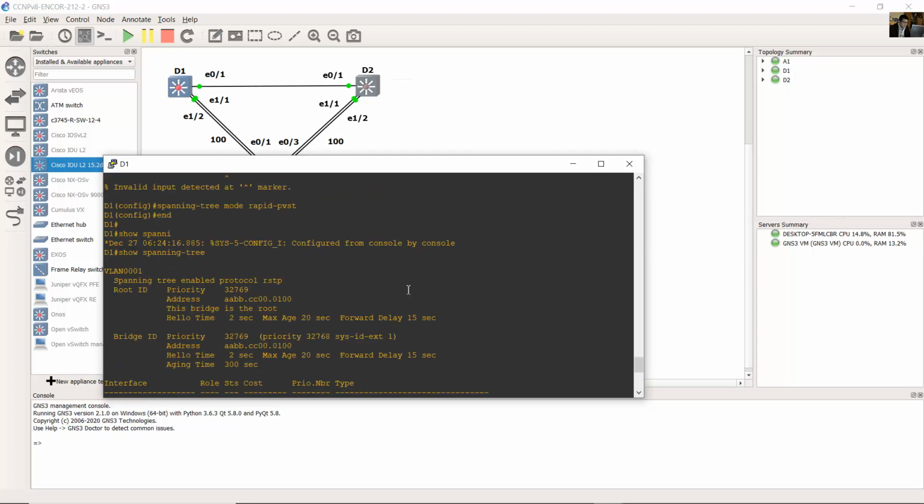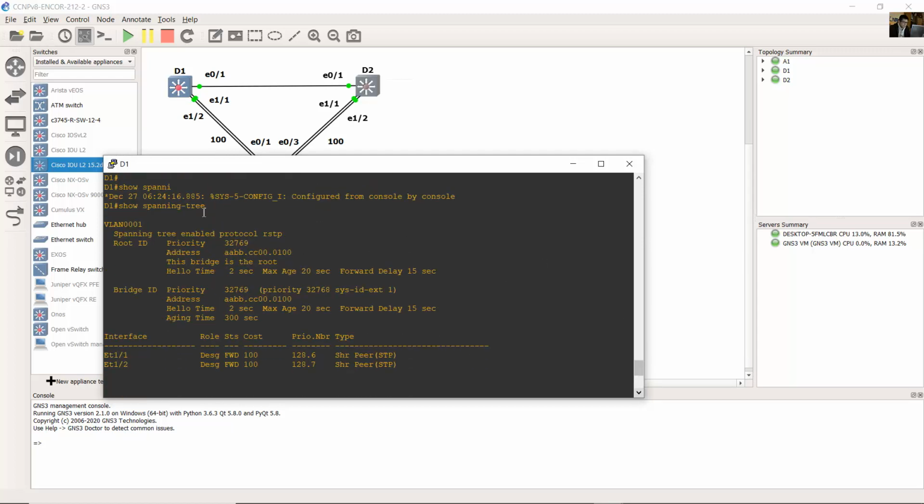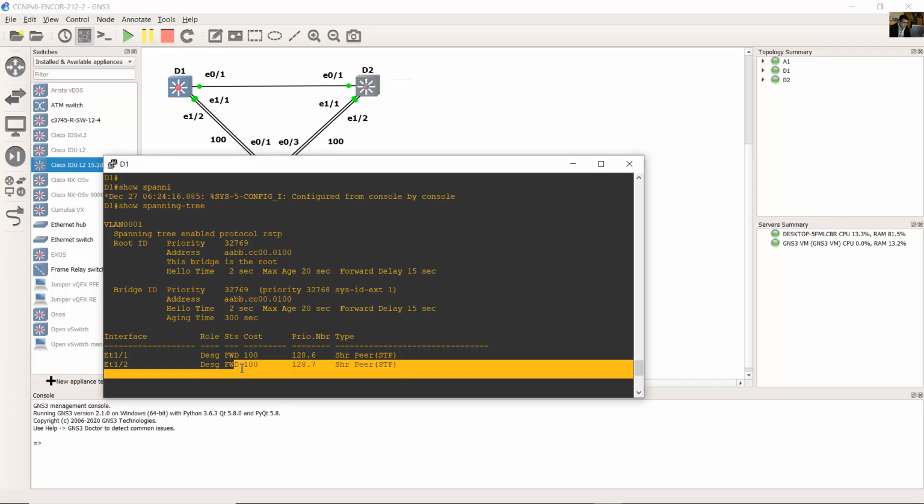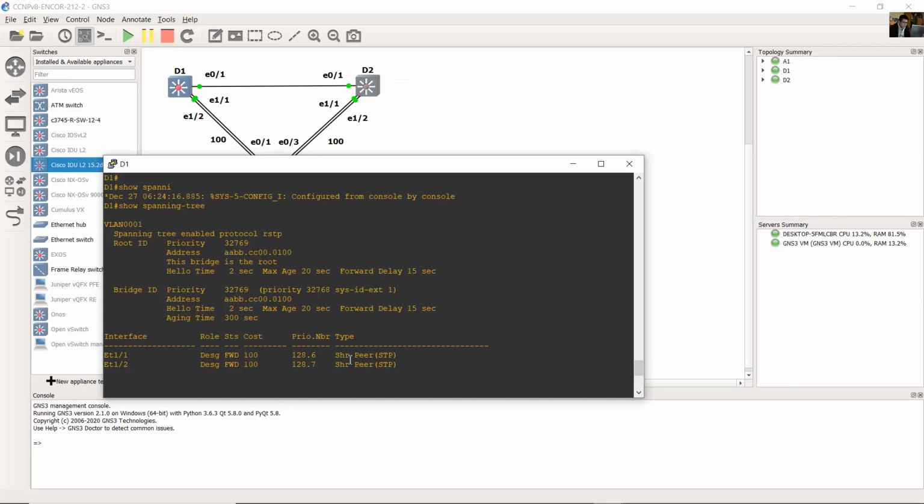You can see for VLAN 1, the designated port is in forwarding state. But look at this type, shared peer spanning tree protocol. But VLAN 1 is using Rapid spanning tree protocol.